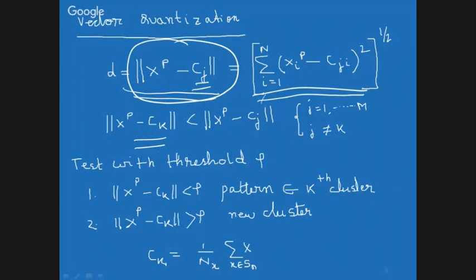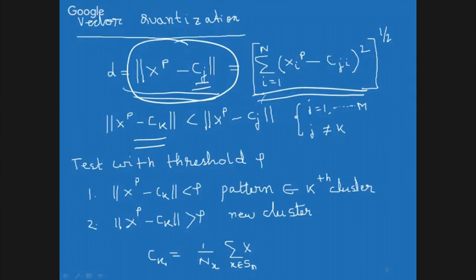For example, the first time there will be one cluster only, and you just compare with that one cluster. After that, it may so happen that a second cluster has also been formed. Now for the input points we have, you have to compare the Euclidean distance to both clusters. Now we have to find out the cluster which is giving you the minimum Euclidean distance.